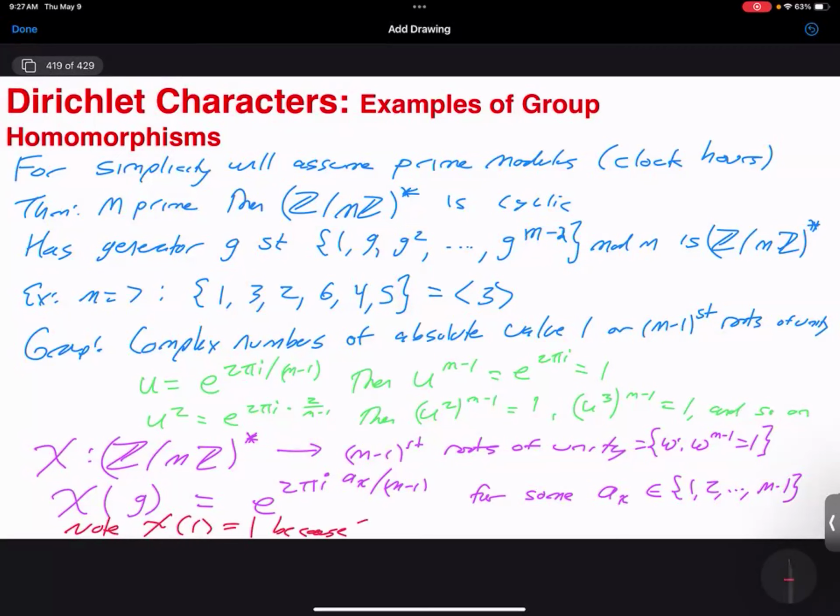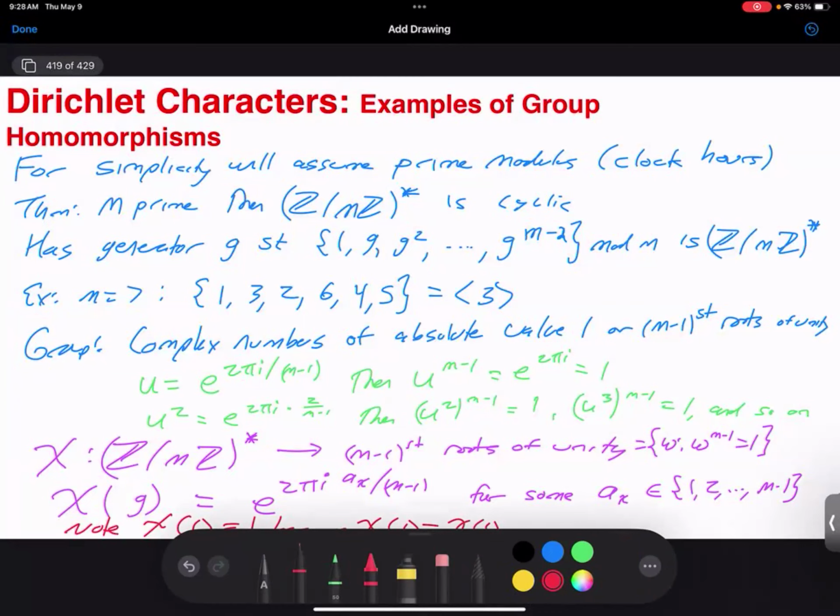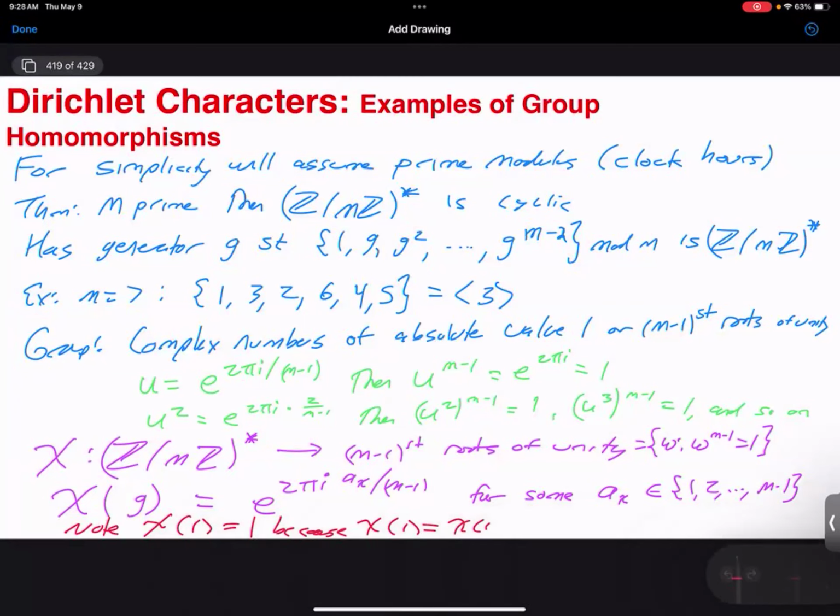Because chi of 1 is equal to chi of 1 squared, right? That's one way to look at it. Or 1 equals g to the 0 equals g to the m minus 1. That's another way to look at it.